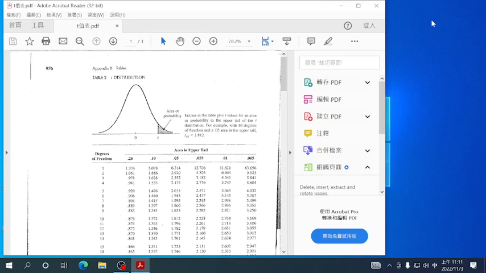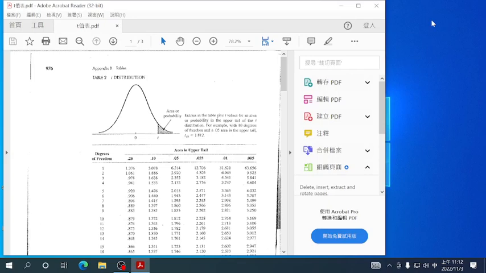If I say one-sided 10%, it means one-sided, either right-hand side or left-hand side. And remember, this is a T distribution with mean equal to 0. If I say right-hand side, here is 10%, and left-hand side is here, 10%.